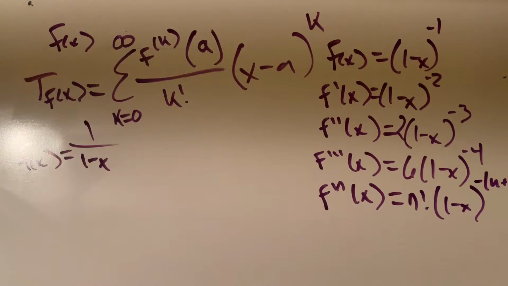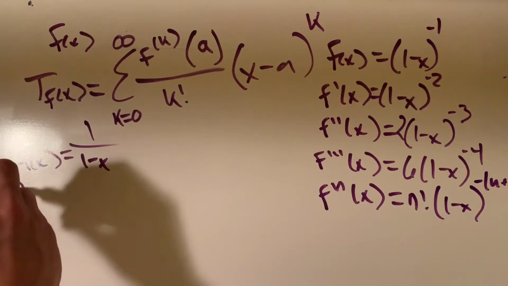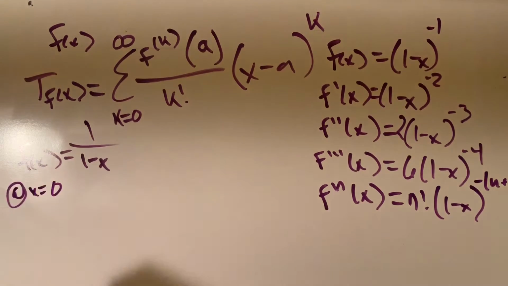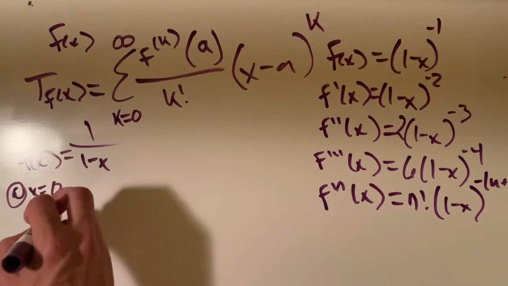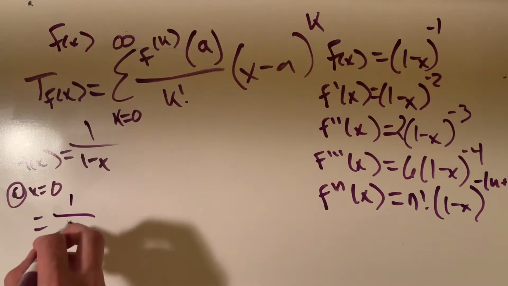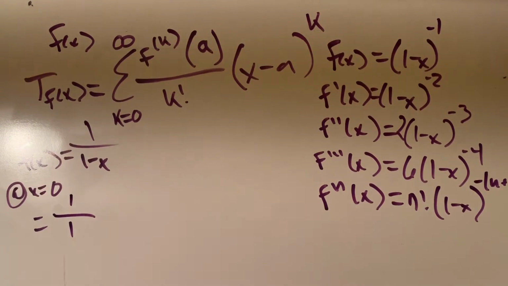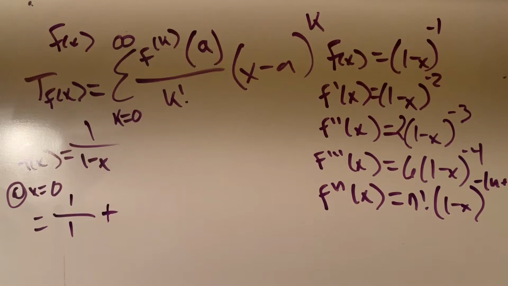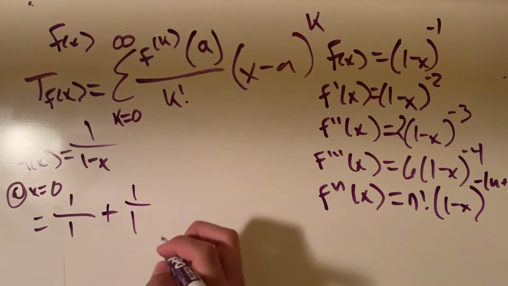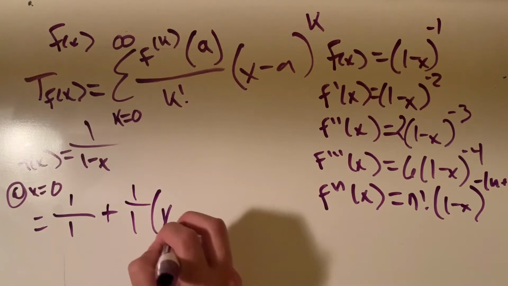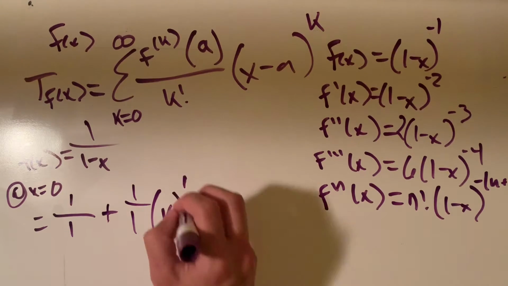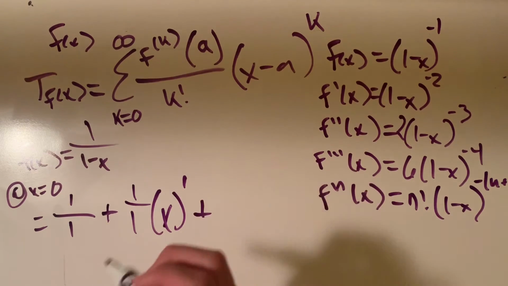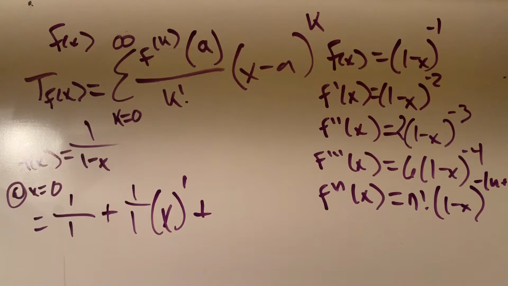Now if we begin to write this out, centered at 0, we would have f of 0, which is 1, over 0 factorial, which is 1, times x minus 0 to the 0, which is 1. So that's 1 plus f prime of 0 is 1. So 1 over 1 factorial times x minus 0 to the 1, plus f double prime of 0 is 2.